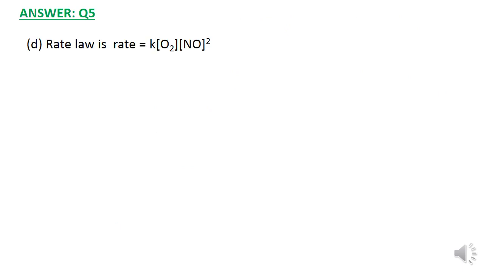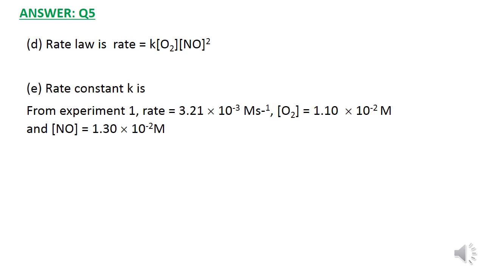For question number 5D, the rate law will be rate equals k times the concentration of oxygen to the power of 1, concentration of nitrogen monoxide to the power of 2. To get the rate constant k, we can choose any of the experiments. Let's say I choose experiment 1.